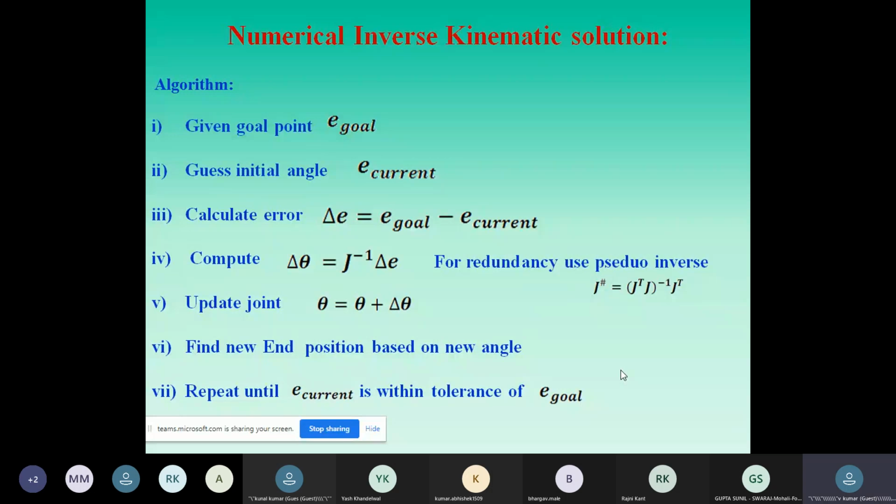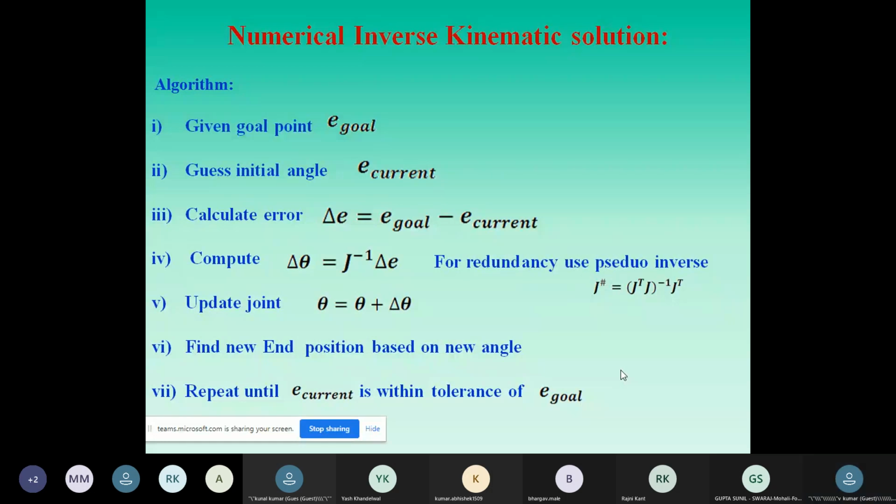In this way, I apply the numerical approach. We can apply it to a non-redundant manipulator also, but it is mostly used for redundant manipulators. In a non-redundant manipulator, the difficulty is when there is a singularity configuration, do you know anyone?